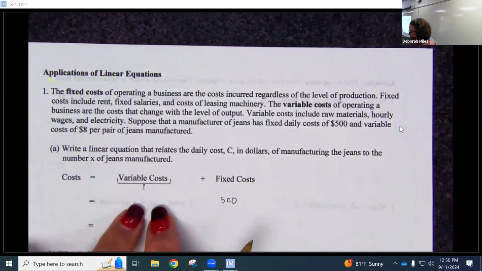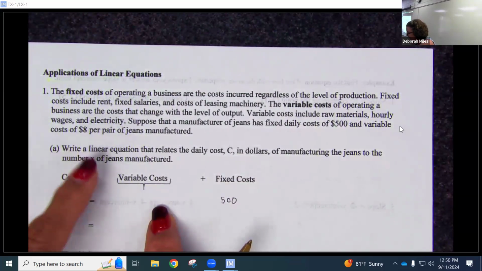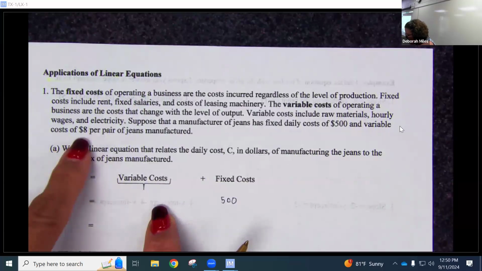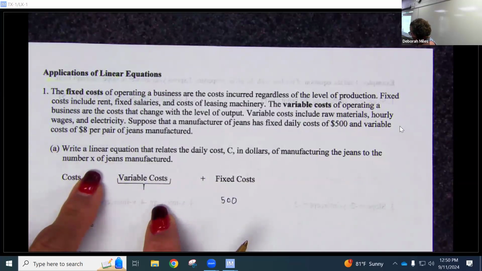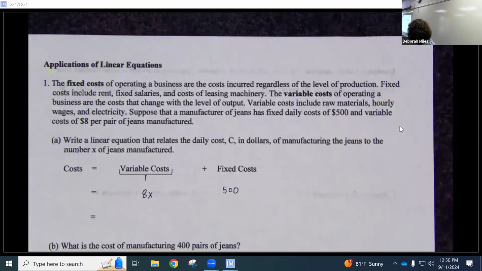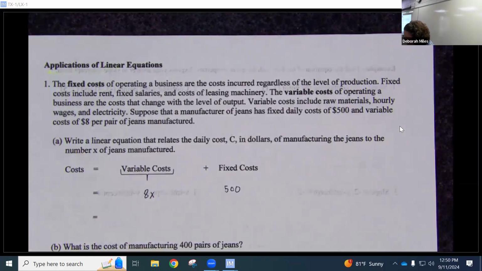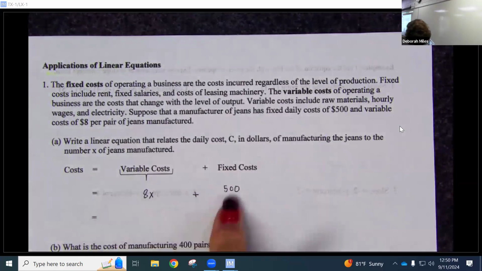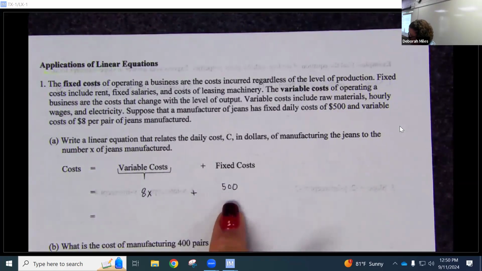What if they make X pairs of jeans? How would you get the variable cost if you made X pairs of jeans at $8 a pair? 8X. The 8X plus 500 is the equation we were looking for.